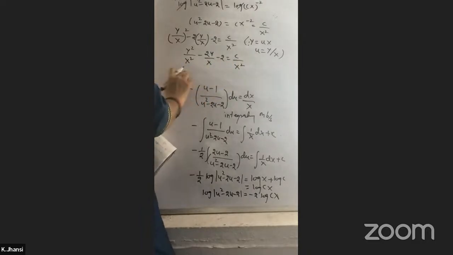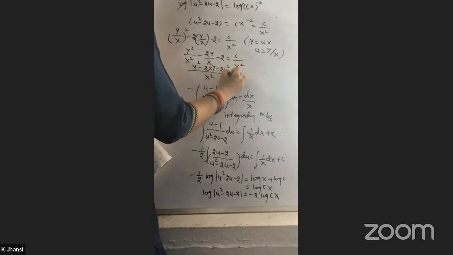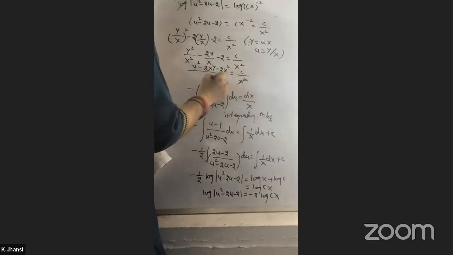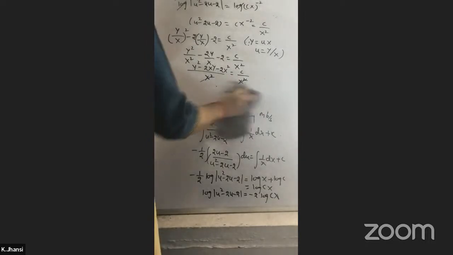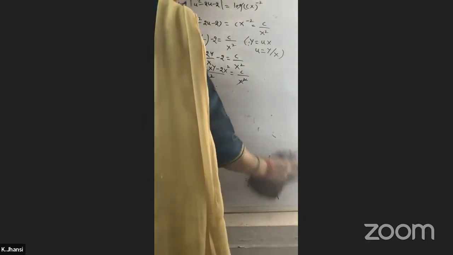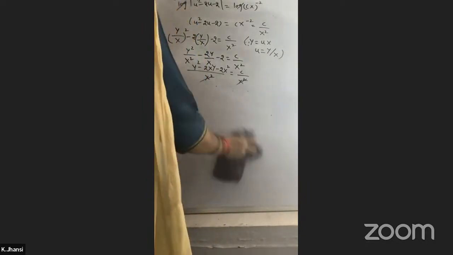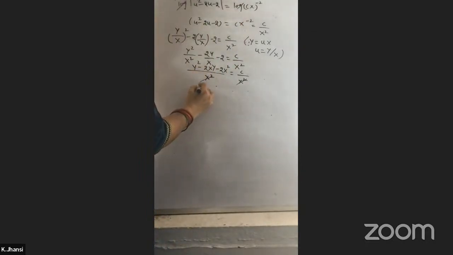If you take the LCM here as x square, you will get y square minus 2xy minus 2x square equals to C by x square. So x square gets cancelled. So this is a very lengthy process, non-homogeneous one. Again, it is the solution. So we will get y square minus 2xy minus 2x square is equals to C.